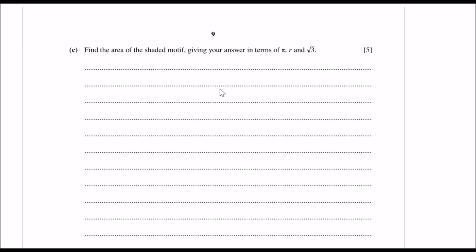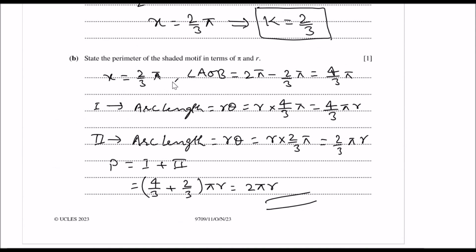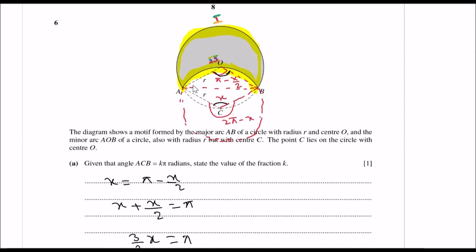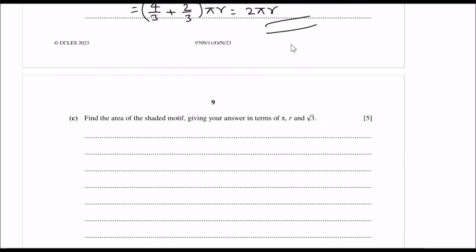So what you need to do here, we'll find the area of sector AOB in the circle with the center C. Then we'll find the area of triangle CAO. So let us find one by one.